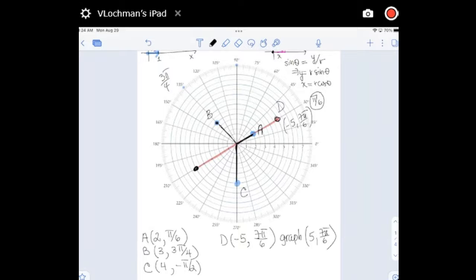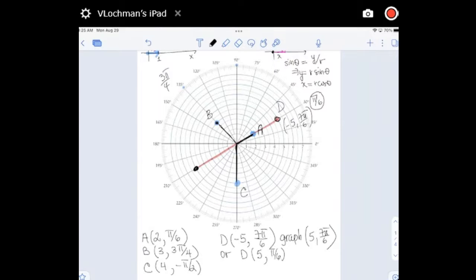What's an alternative way of writing that same point? Can somebody tell me? Do you see it on the graph? One way is negative 5, 7 pi over 6. What's another way? If I were to make this 5, what would be the angle? 5 pi over 6. Very good.